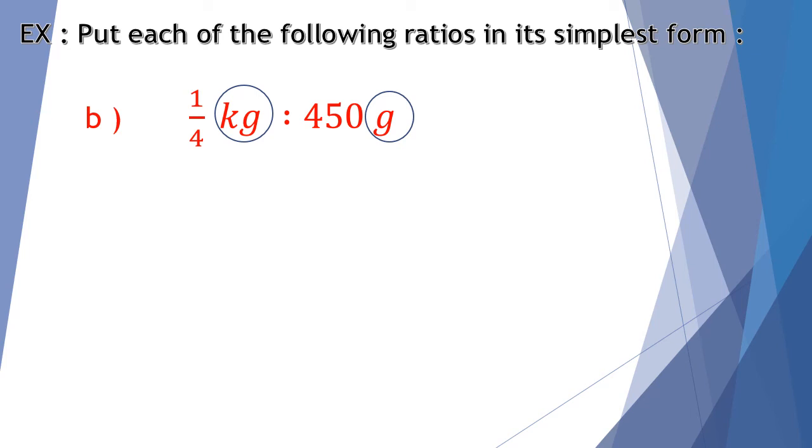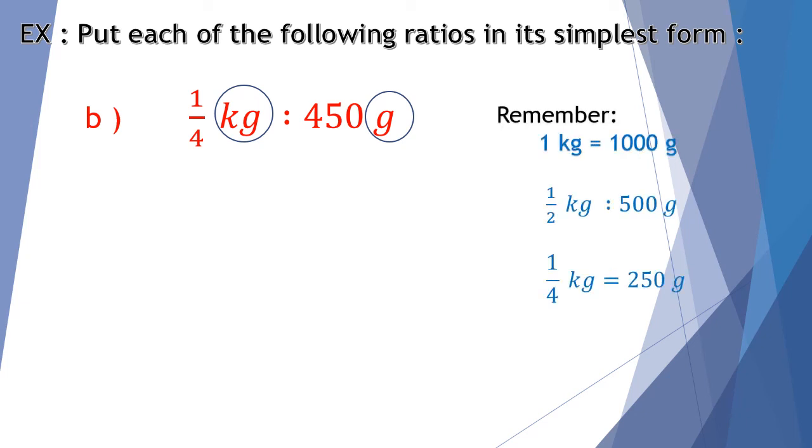In the example, we have two different units, kilograms and grams. We can convert kilograms to grams. 1/4 of a kilogram equals 250 grams.